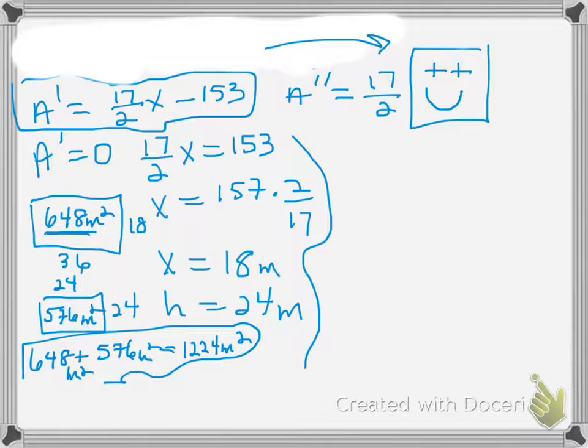So I'm going to write it up here because I went back and looked at it myself. So what I have is that my area equaled 17 over 4 x squared minus 153x plus 2601.